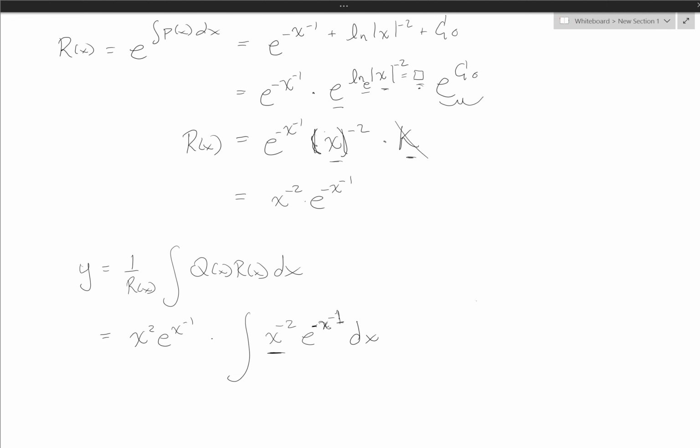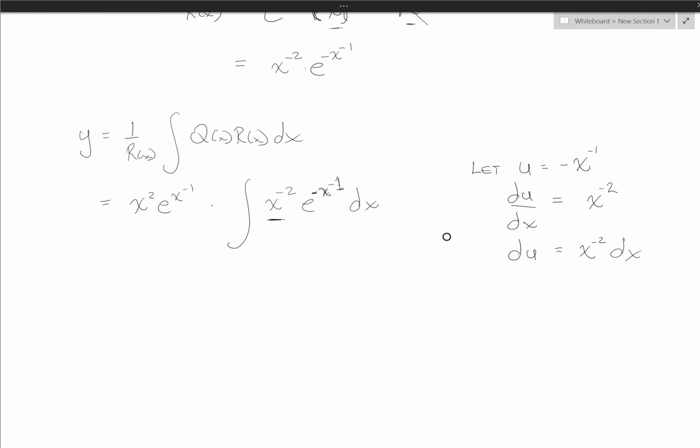So look, let u equal negative x to the negative 1. So du by dx equals x to the negative 2, because we multiply by the negative 1, and then negative 1 minus 1 is negative 2. So du is equal to, multiplying both sides by dx, x to the negative 2 dx.